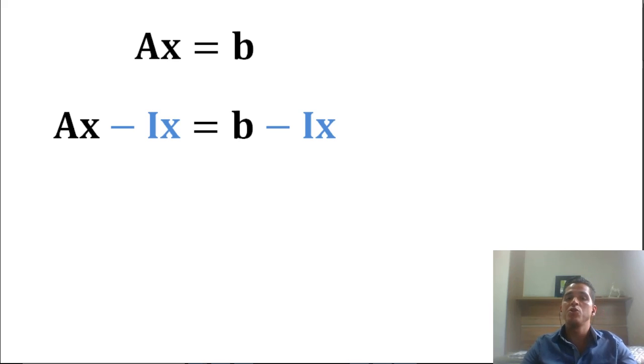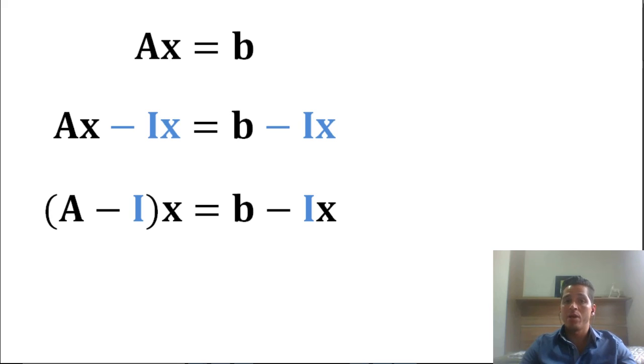Initially, the first move is just to subtract Ix from both sides. We had Ax equals b, the thing we want to solve. We want to find x that solves Ax equals b, and we just subtract Ix from both sides. So we can do it, no problem.